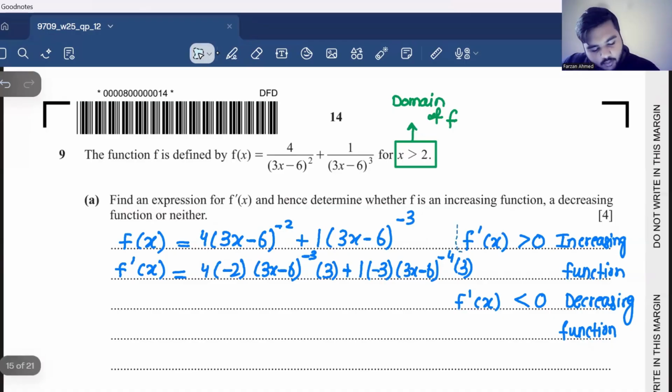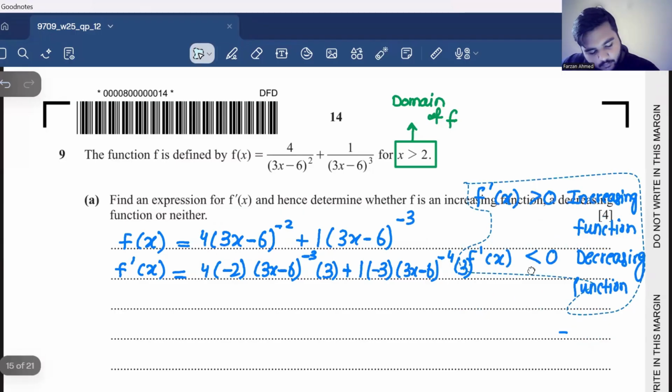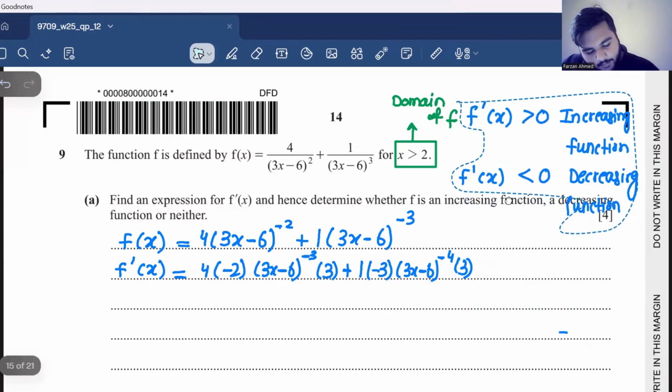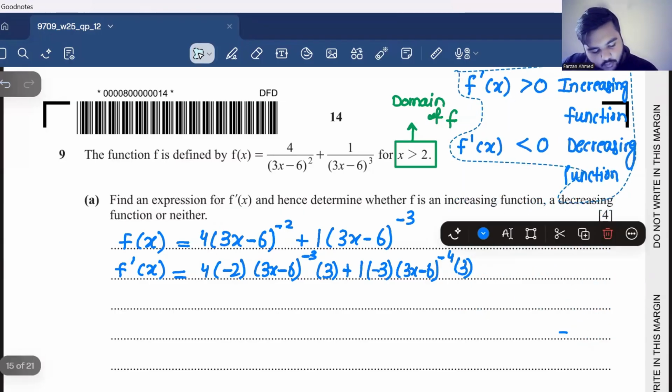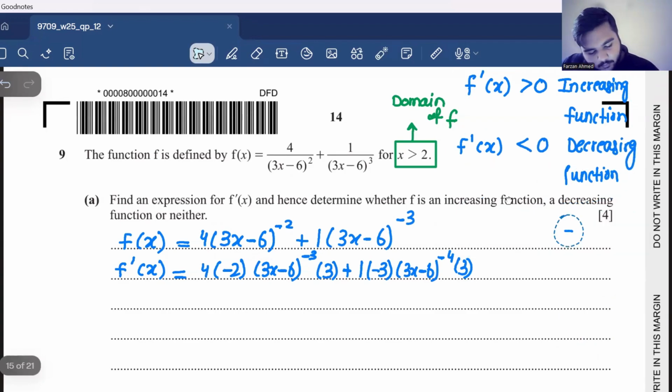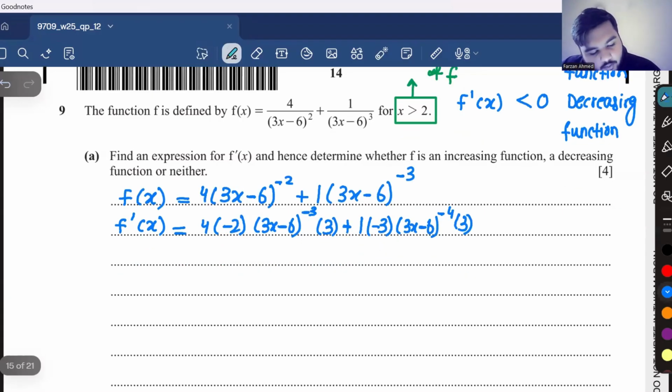Wait a minute, I'm copying this here. Now when we calculate this, it will be minus 24 over bracket 3x minus 6 to the power 3, minus 9 over bracket 3x minus 6 to the power 4.